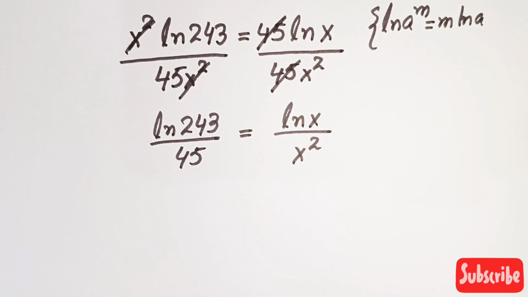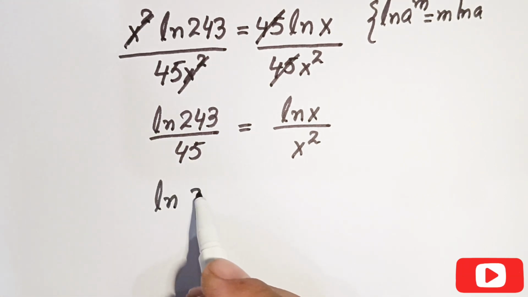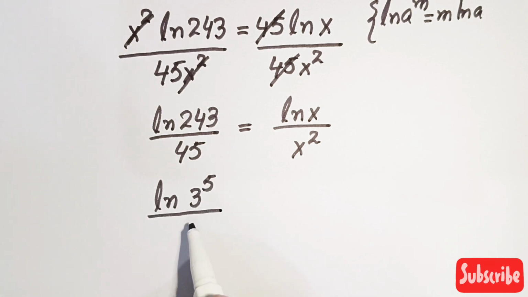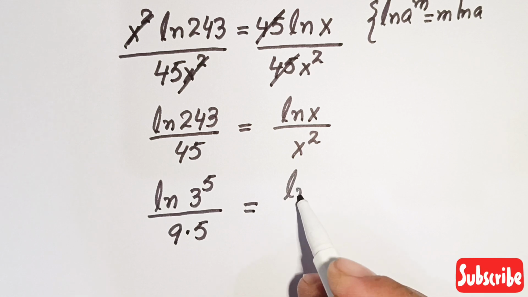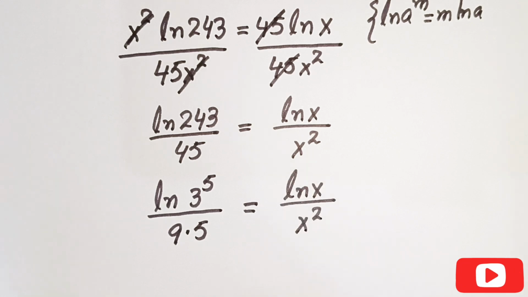Now this 243 is actually 3 to the power 5, and this 45 can be written as 9 times 5, which is equal to natural log of x over x squared.